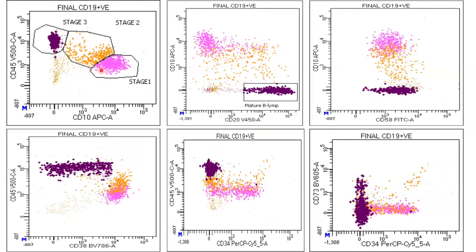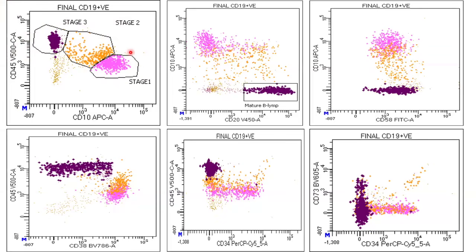I have already labeled it to make it easy for you, where we can see the stage 1 hematogones, which are expressing bright CD10 and a dimmer CD45, and stage 2 hematogones, which are losing their CD10 and gaining CD45, a dimmer CD10 and gaining CD45. And gradually we see some stage 3 hematogones which have lost their CD10 completely and have become bright CD45. So this is the pattern which we have to see on the CD10 versus CD45 plot.